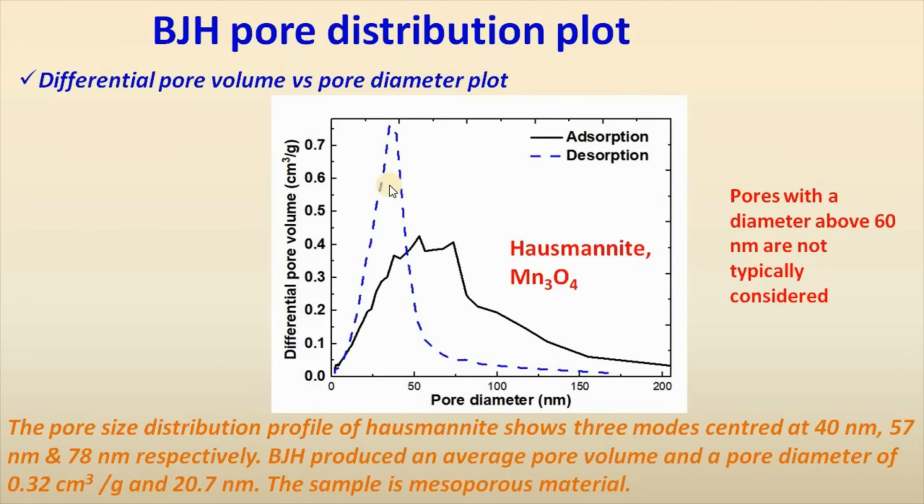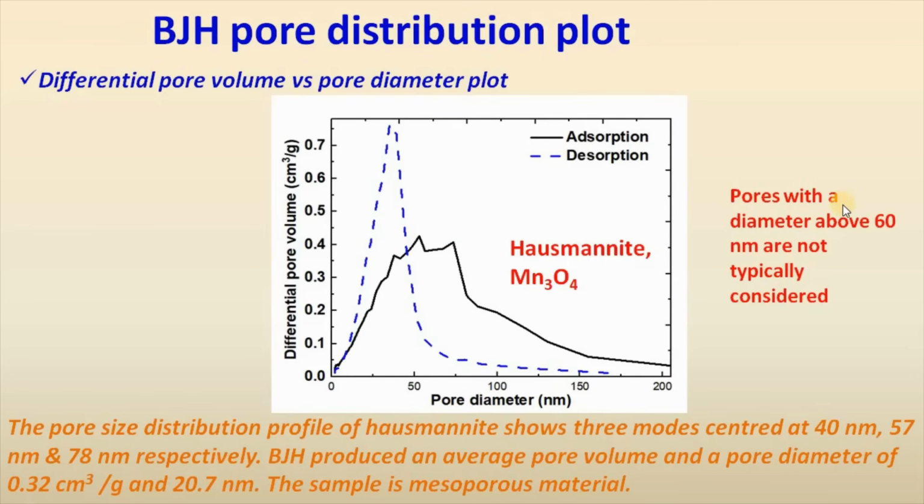So here is the plot for BJH pore distribution. So the black one is adsorption and the dash one is desorption. So from the pore size distribution, we see that hausmannite shows three modes centered at 40 nanometer, 57 nanometer, and 78 nanometer respectively for adsorption curve.